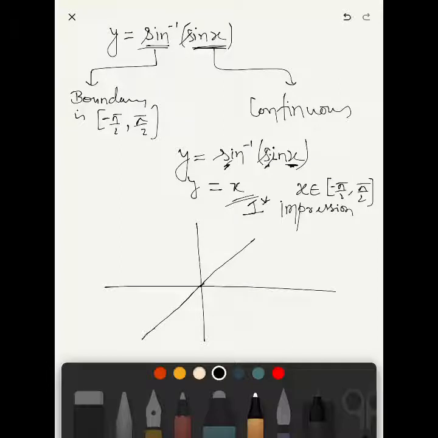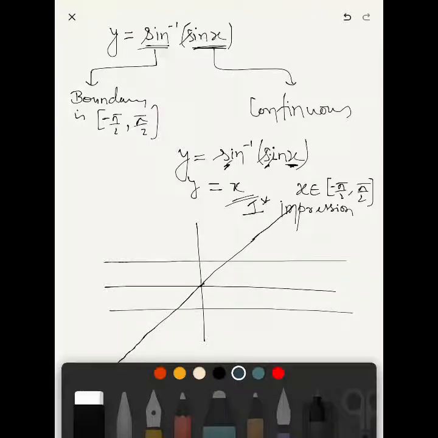Everyone knows, right, how to draw y equals to x. It will pass through origin, inclined at an angle of 45 degrees with the positive x-axis. So draw y equals to x. Now you need to draw the boundary.